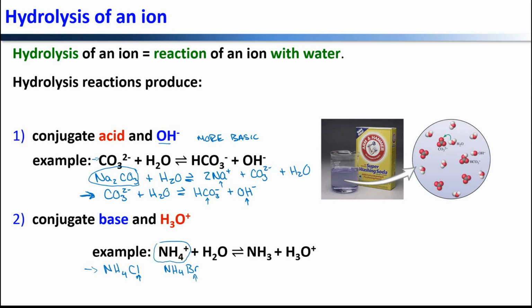So then we can look at what is going to happen. Well, ammonium can't accept any more hydrogens, so it's going to donate a proton to my water, and I'll get my H3O plus and ammonia. So what is this going to do? Well, this is going to make my solution more acidic.